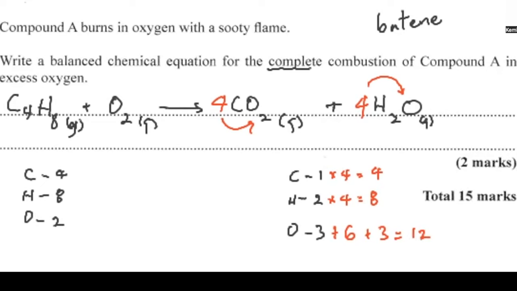So it's now just the oxygen that is off. As we said earlier, on the right hand side, we have 12. So this shouldn't be hard to balance. We have 2 on the left side, we have 12 on the right side. Let's fix that 12.